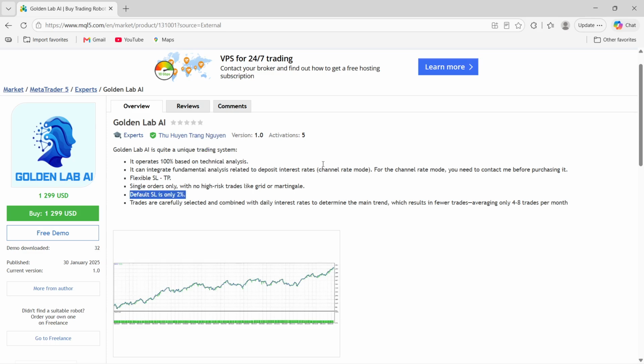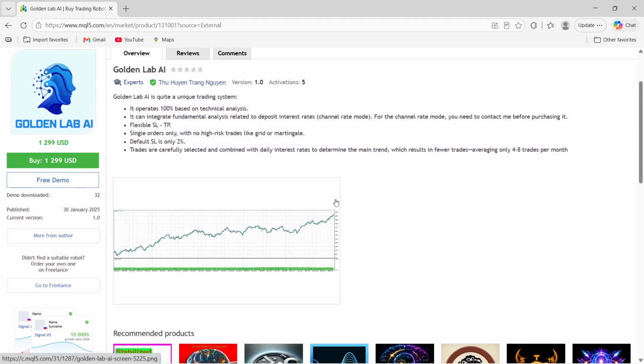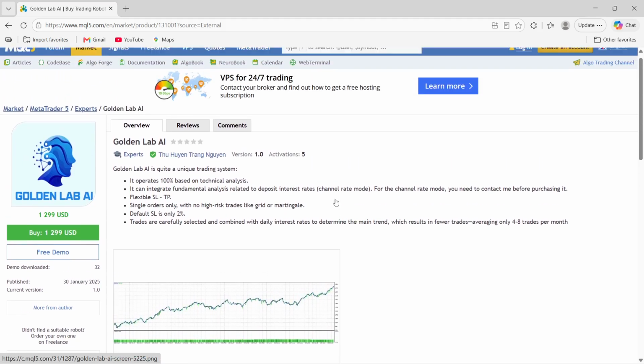It aims for fewer but higher quality trades, averaging only 4 to 8 per month, by carefully combining technical signals with trend determination. So it's designed for consistency rather than high frequency trading, with a focus on both MT4 and MT5 compatibility.